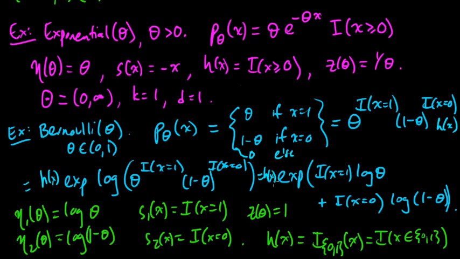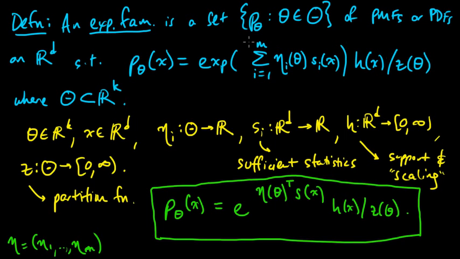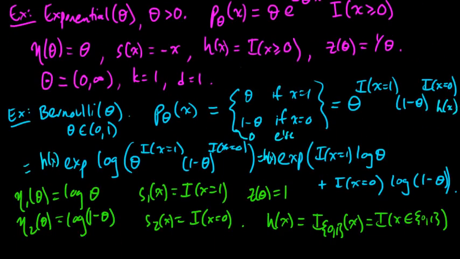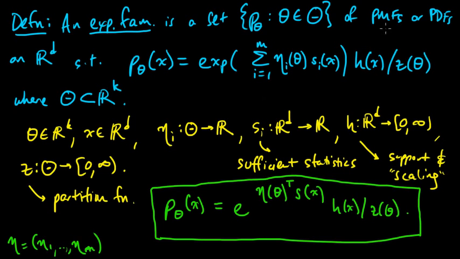They're all in the exponential. We have z of theta is just 1, and h of x. And so that is precisely in this form. So Bernoulli is also a member of the exponential family. And remember, in this case, it's a PMF rather than a PDF. Or rather, it's a family of PMFs rather than a family of PDFs.